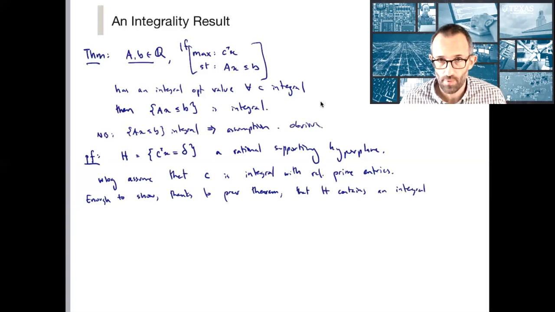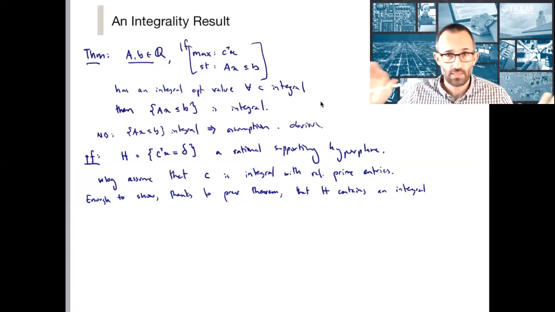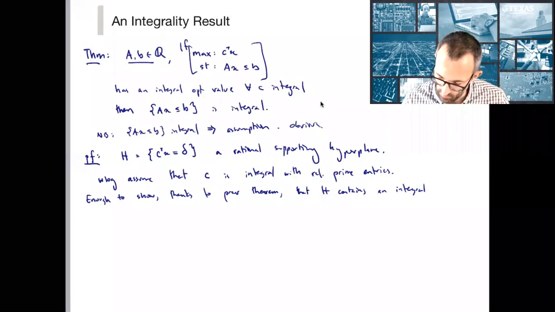So this is the benefit of the previous theorem. I now have an entire hyperplane, and I just need to show that it must contain just a single integral vector.